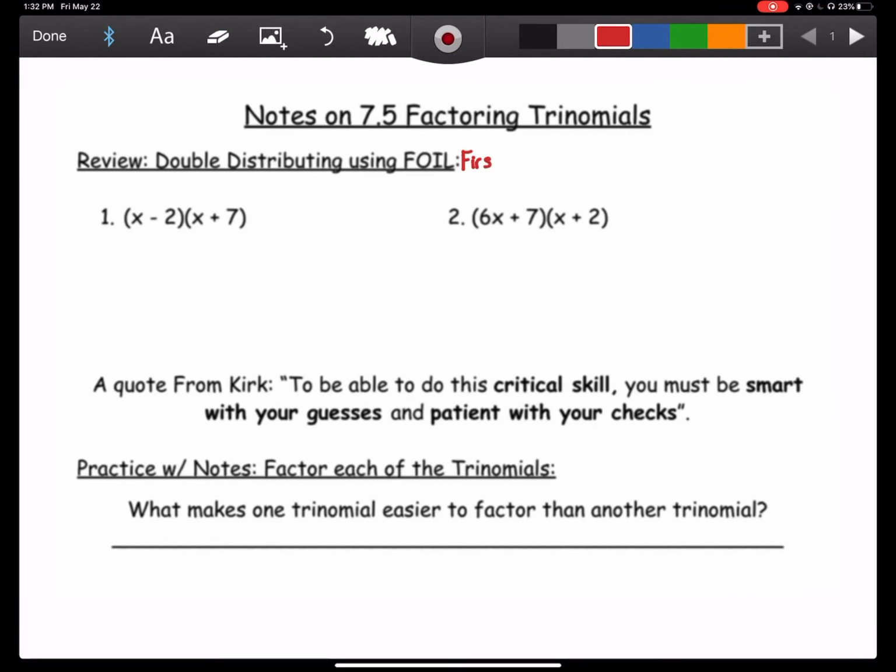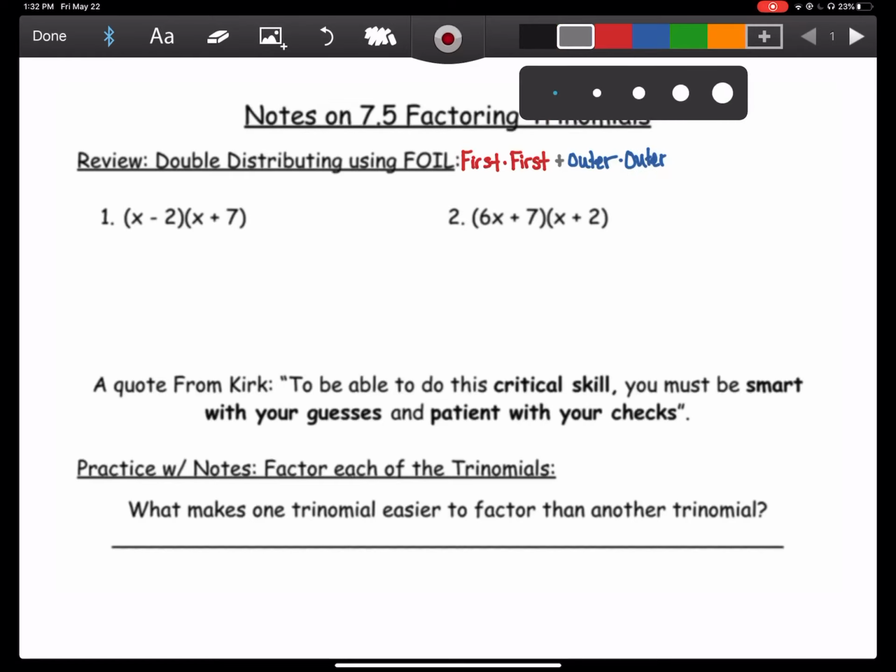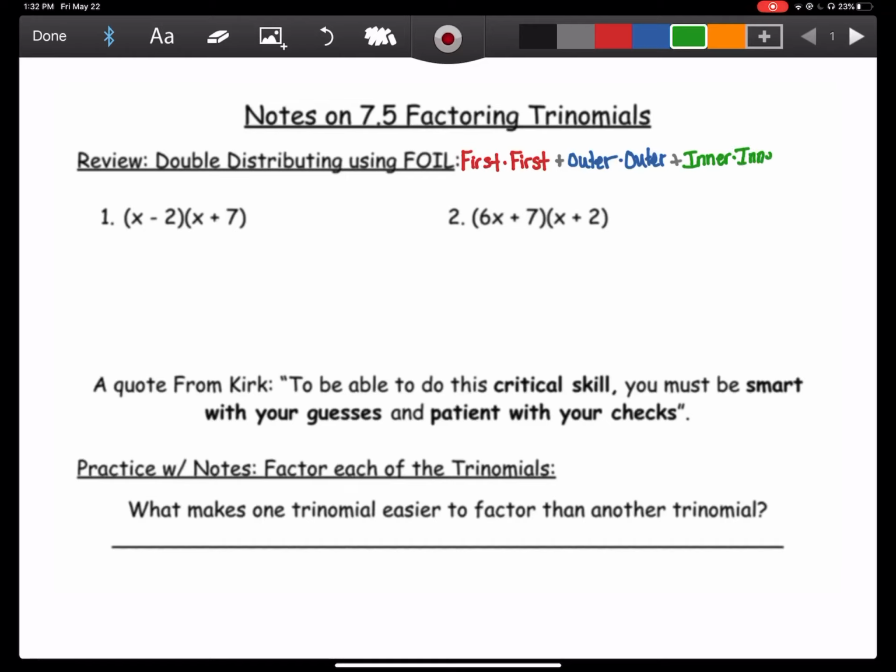It means first times first, that is first term times first term, and that's getting added to the outer times outer, and that's getting added to the inner times inner, and that is getting added to the last times last term.